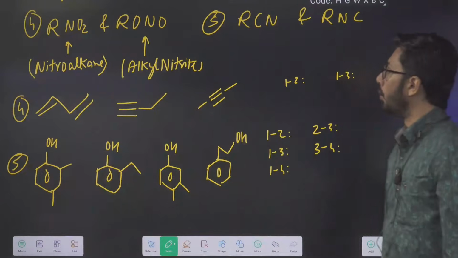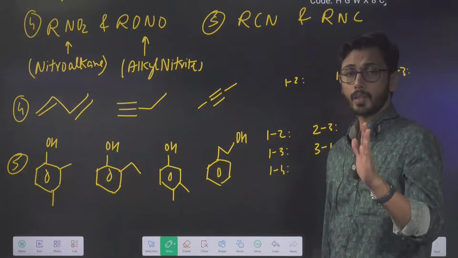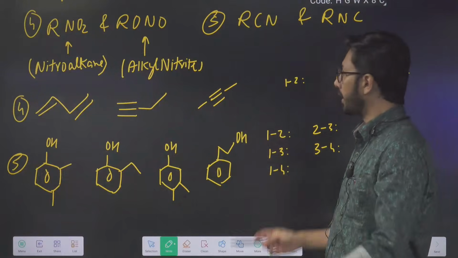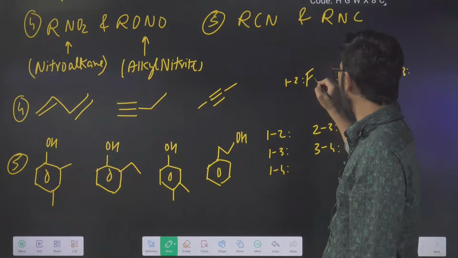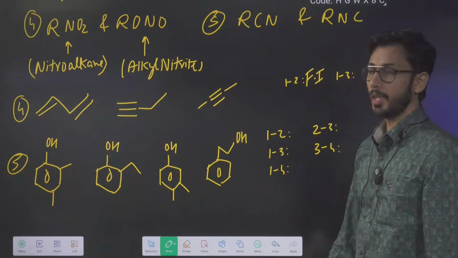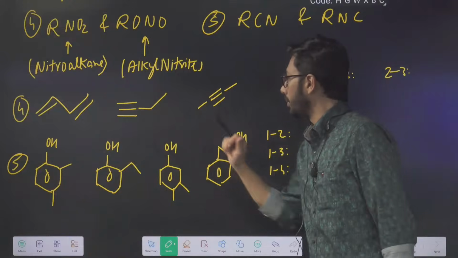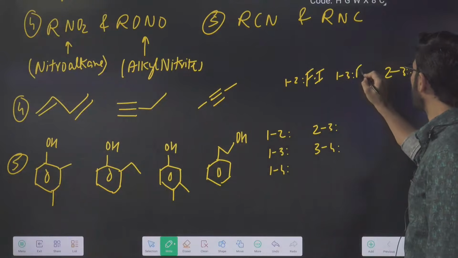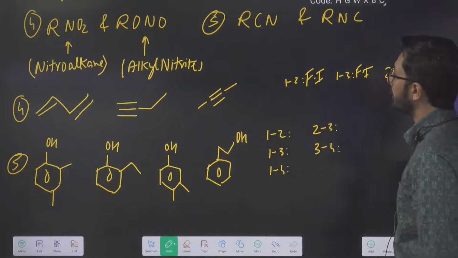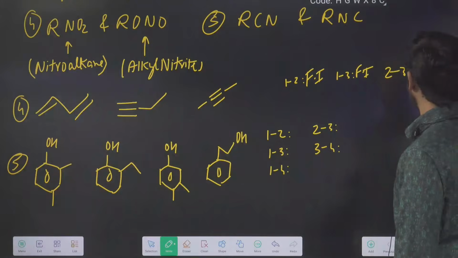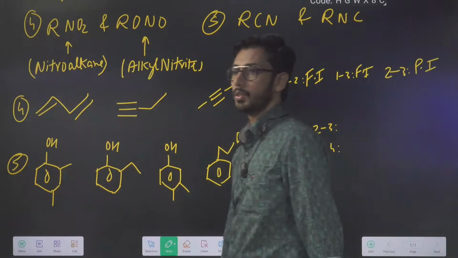Okay, getting it? 1 and 2, they have the same formula, but one is diene, the other is alkyne. The answer is they are treated like functional isomers. Clear? Second one, first and third. First and third are the same: alkyne and diene, functional isomers. Second and third, they are positional isomers.